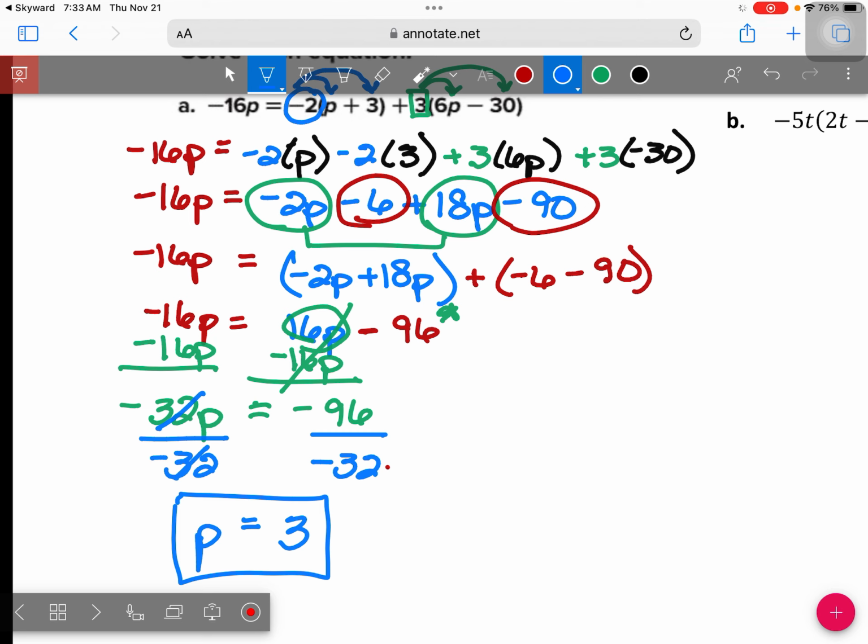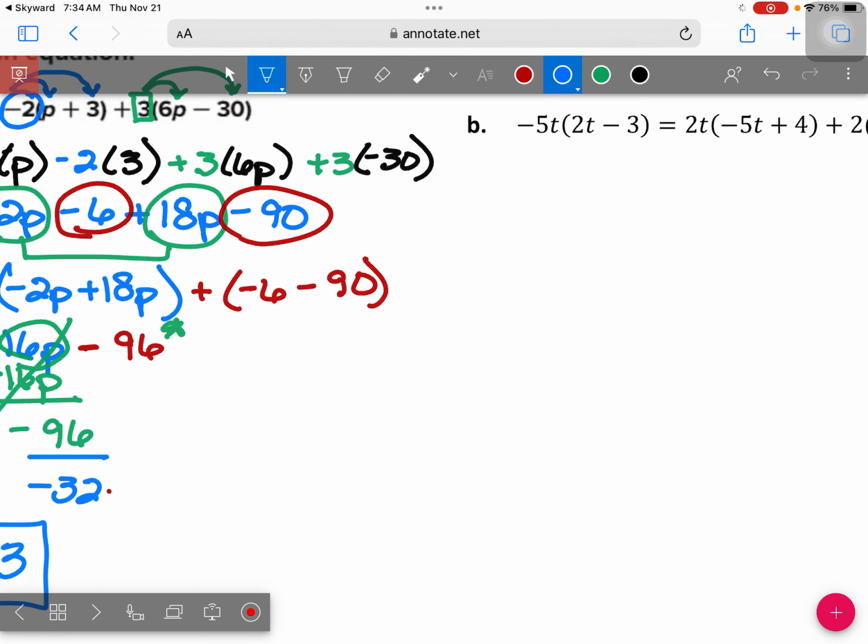How would I check this if I needed to check it? Exactly. Substitute 3 back up here for every p that you have. And what you should end up with is something like, 20 equals 20. The same answer would equal the same answer. Okay? Any questions about that?